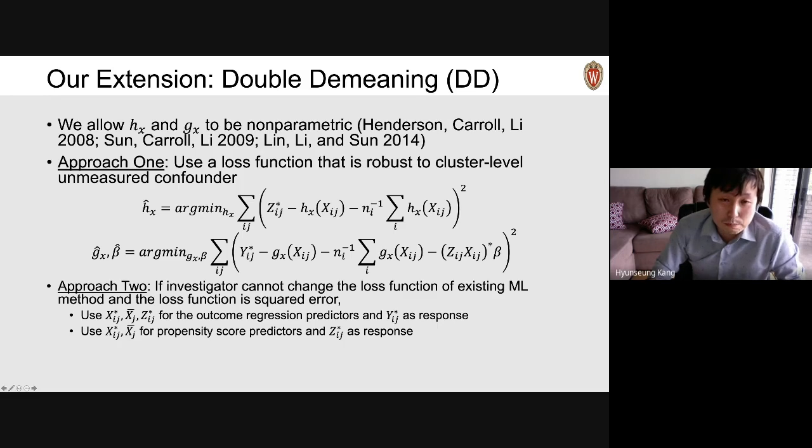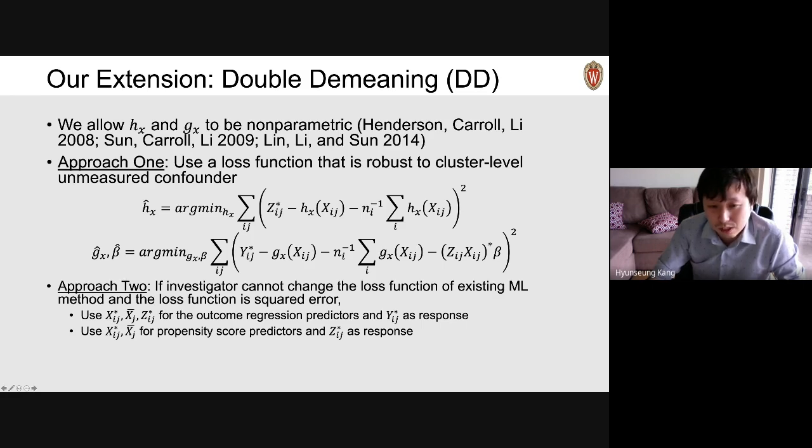Now, the other approach, if you cannot change the internal loss function or don't know how to solve this loss function for some functional class and some gradient, and you only have existing ML methods or packages where the initial loss function is a squared error loss, is one way to hack your way through this: use the xij star, x bar, and zij star as the outcome regression predictors, and yij as the response.